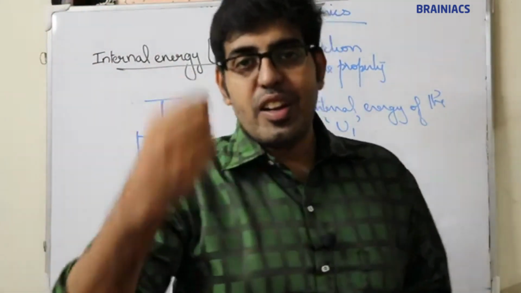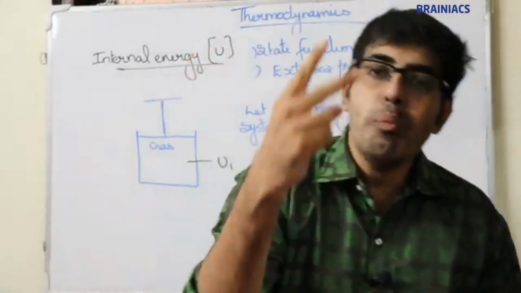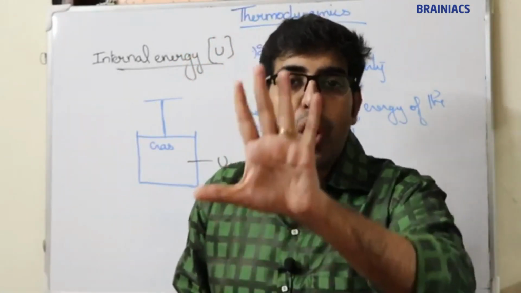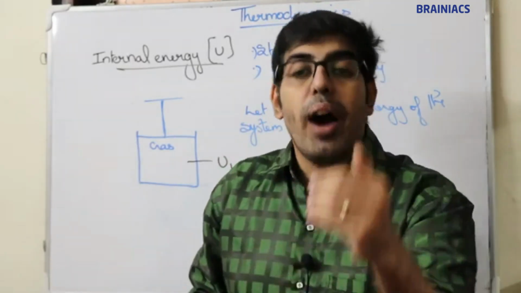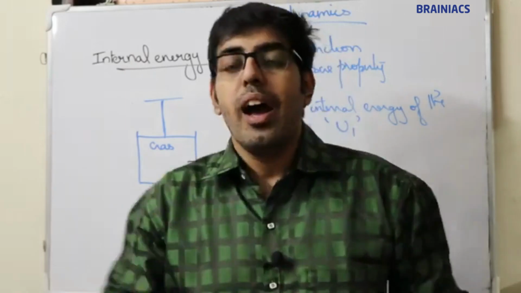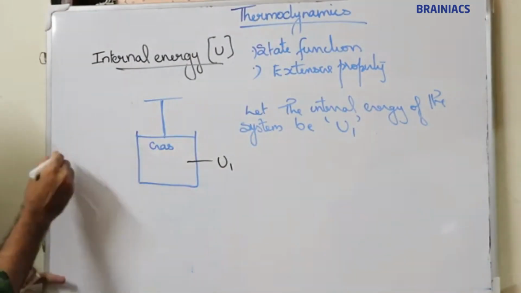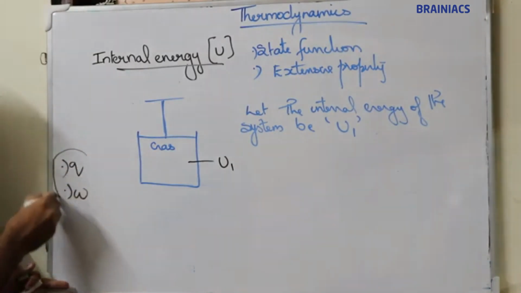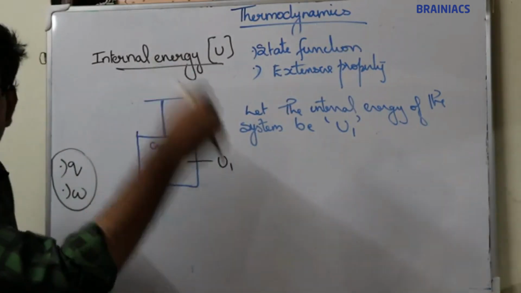Now, the internal energy of a system can be changed only by two methods, either by supplying heat energy or by supplying work energy. By supplying these two energies, we can change the internal energy of a system.